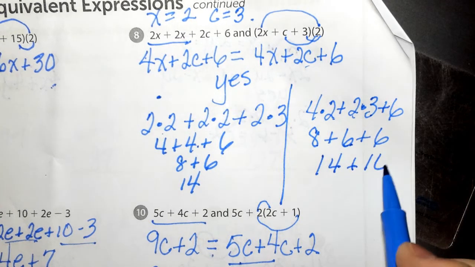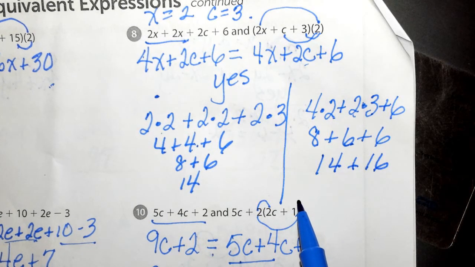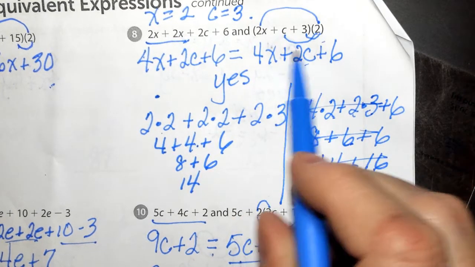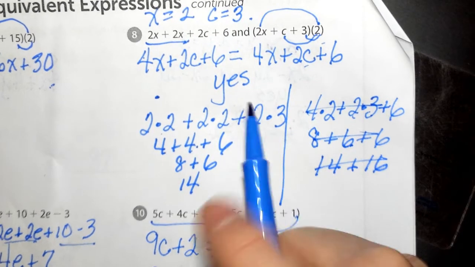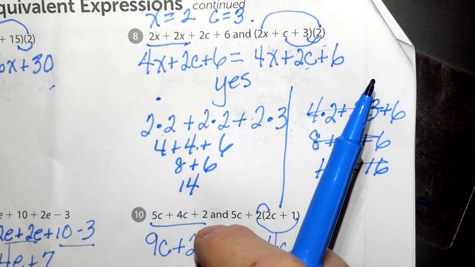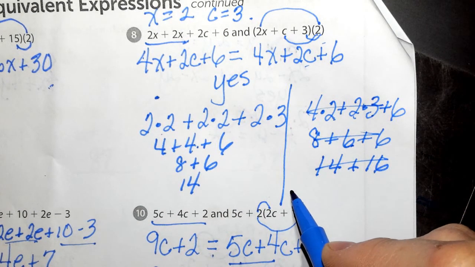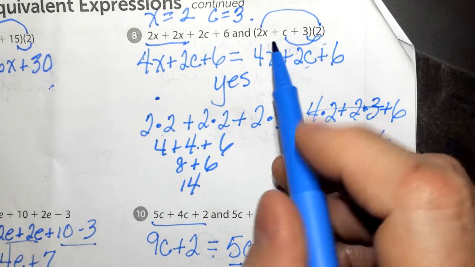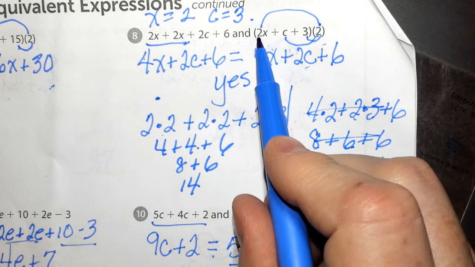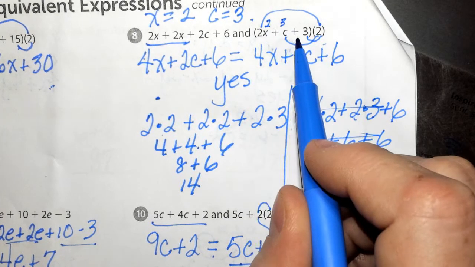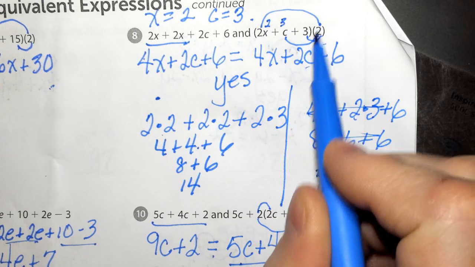Uh-oh, what did we do wrong? Oh, I didn't start from the beginning, did I? We have to start back with the distributive property, don't we? We can't start here. Okay, so we have to go back to this. 2 times 2 plus 3 plus 3 times 2.